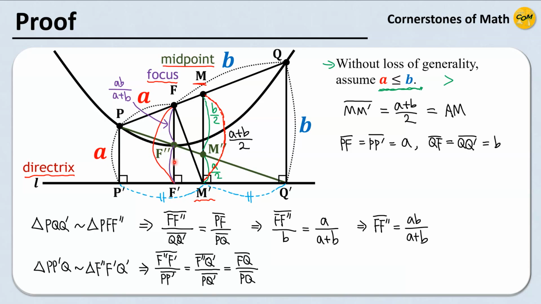That is, this to this equals this to this, which again equals this to this. So we have F''F' to A is equal to length FQ, which is B, over length PQ, which is A plus B. So we have F''F' equals AB over A plus B.